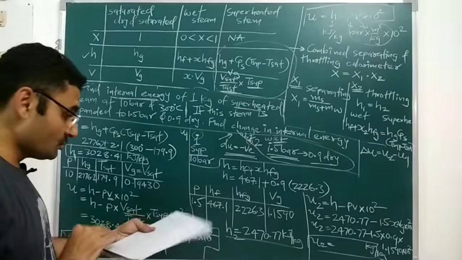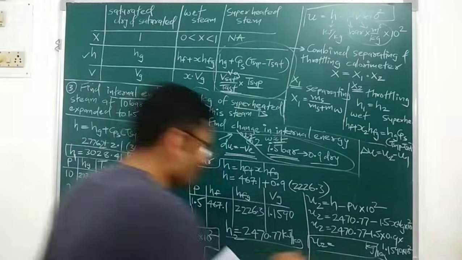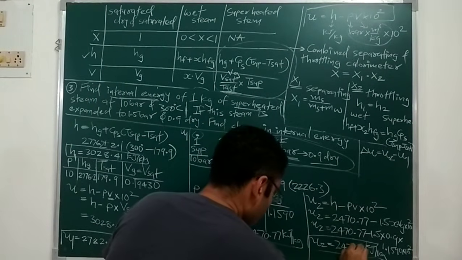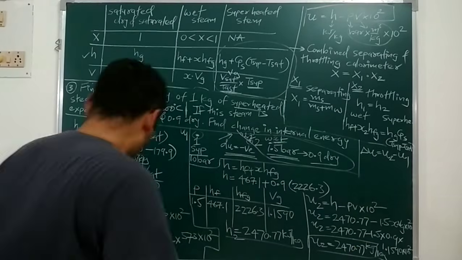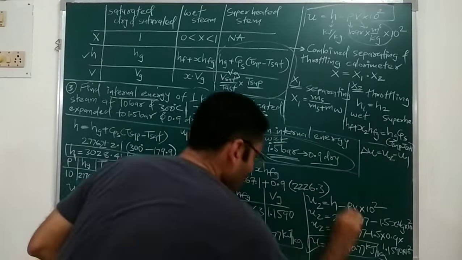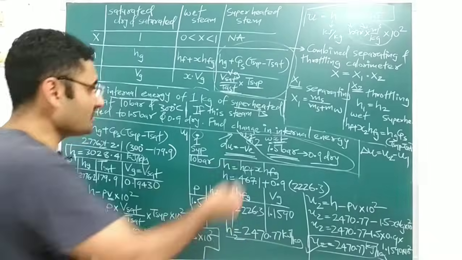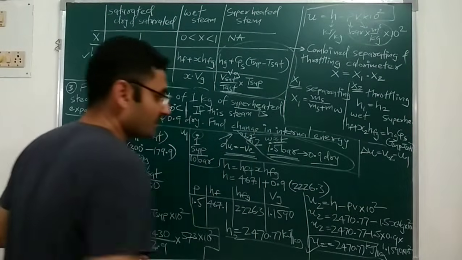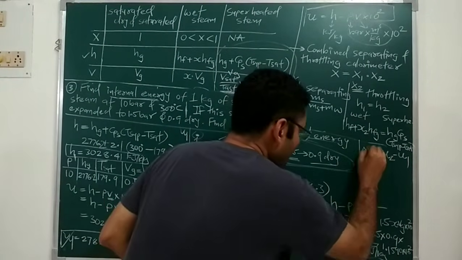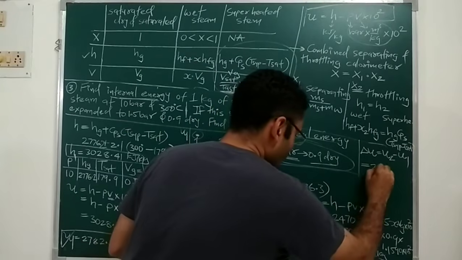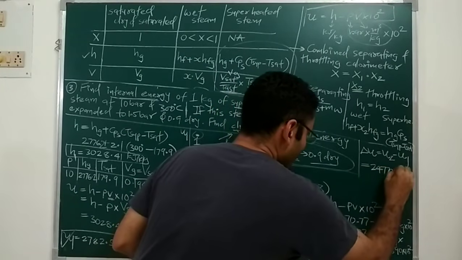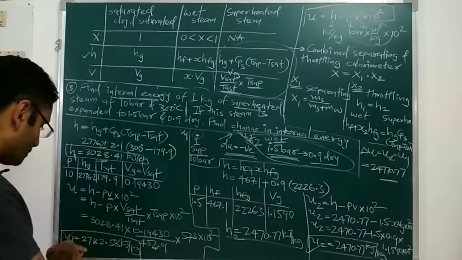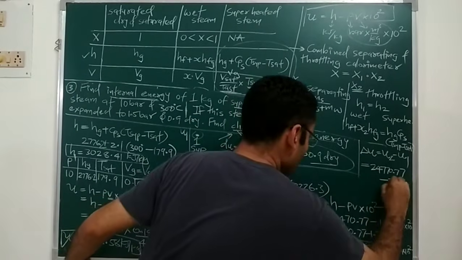The value of U2, the internal energy at point number 2, is 2470.77. Now you have U1, you have U2. Now you can find the change in internal energy, which is asked. How do you find it? Delta U, the change in internal energy, is 2470.77 minus U1. U1 is how much?